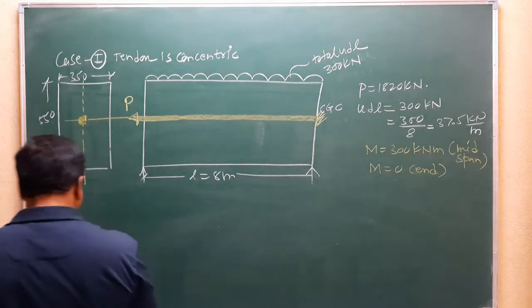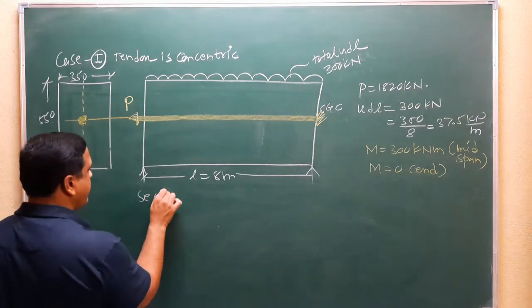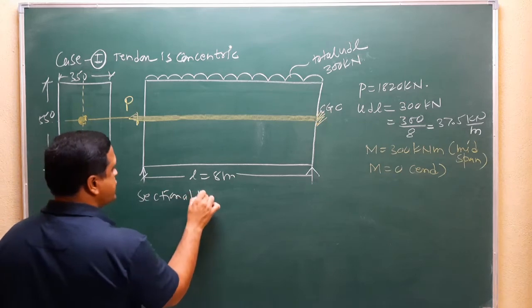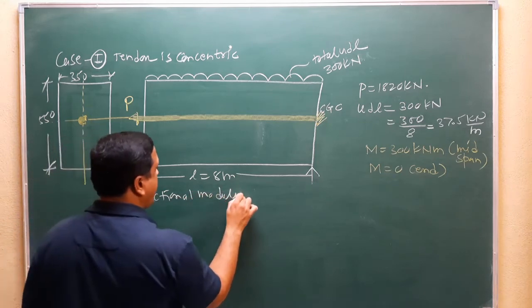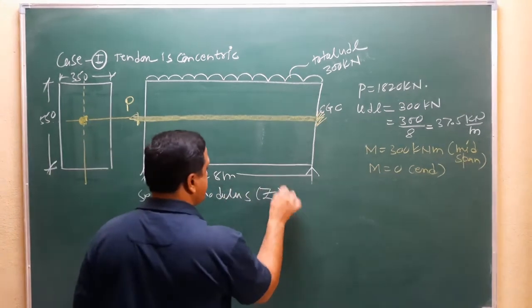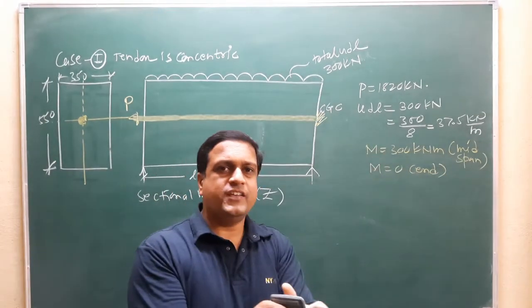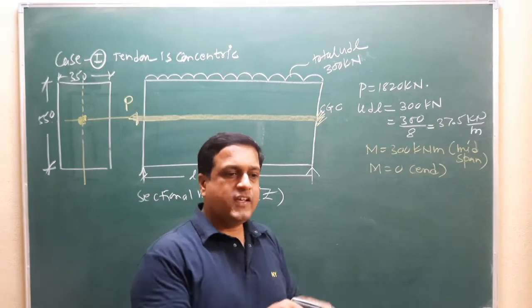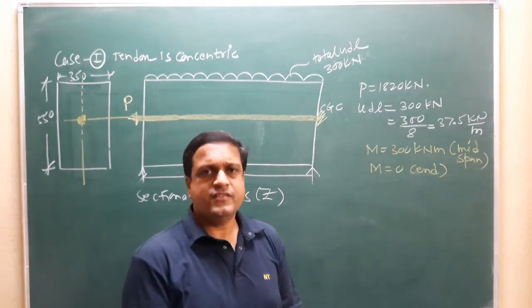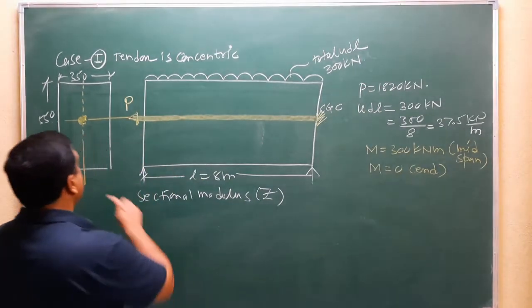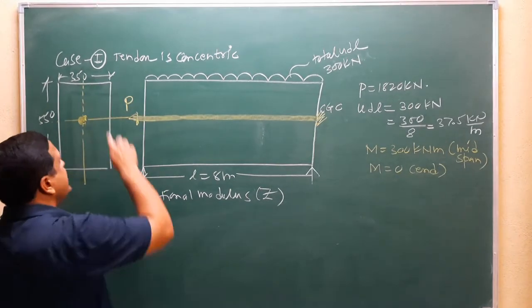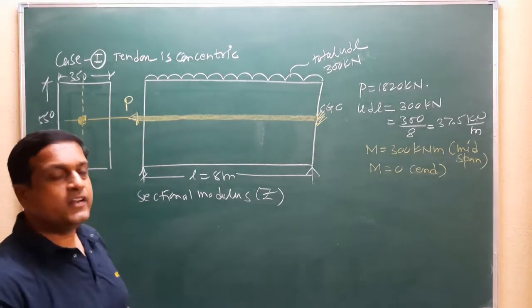How to calculate the sectional modulus Z? First you collect all these things, put them in the formula and find out the stresses. So what is the Z? This figure is a symmetrical figure. How is it symmetrical?